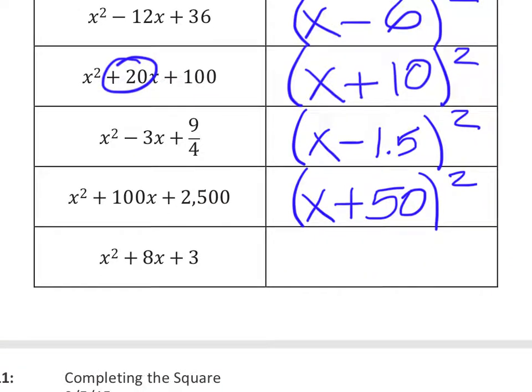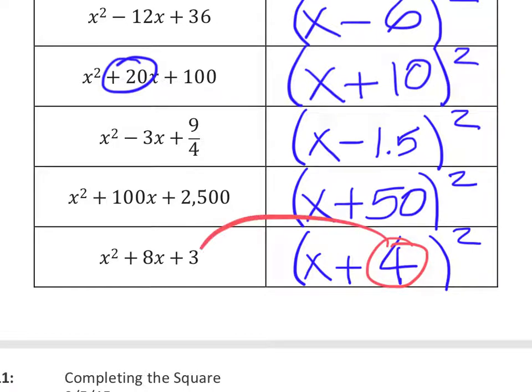All right, here's another one. Quantity squared of x, what's the sign? Plus. Now what? 4. Okay, let's check this. Is 4 squared 3? No, so it does not work out. We've done all of this to arrive at this example.